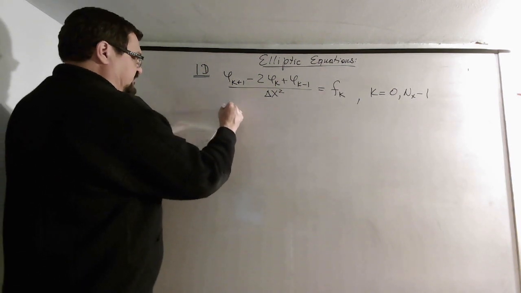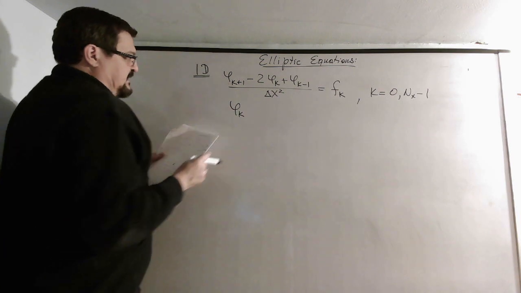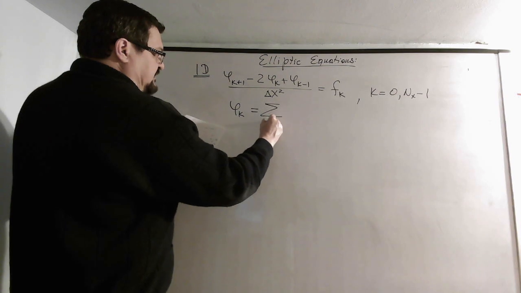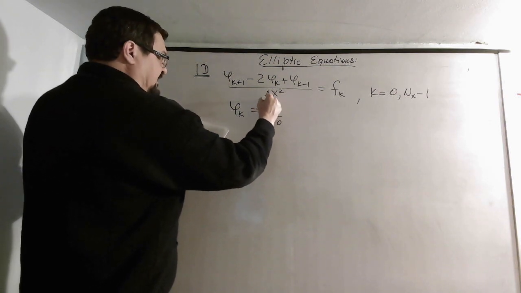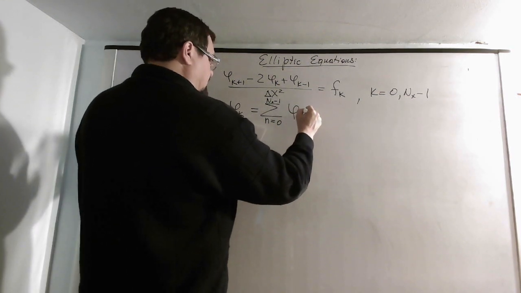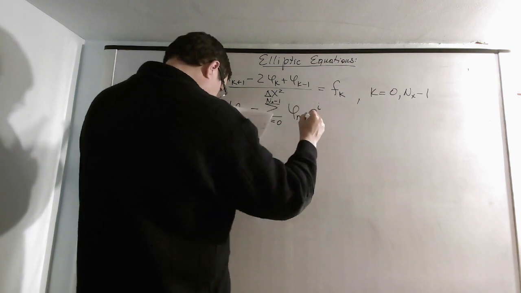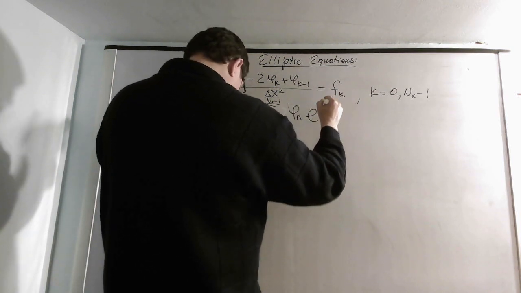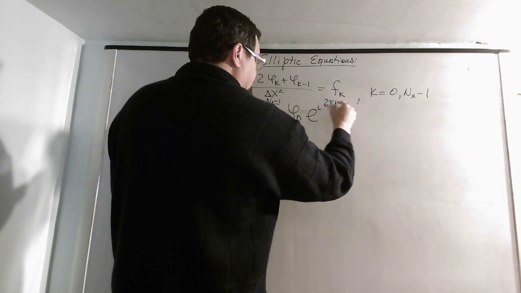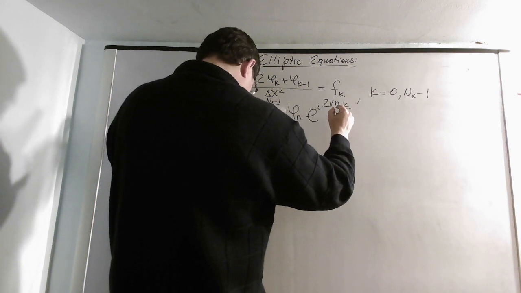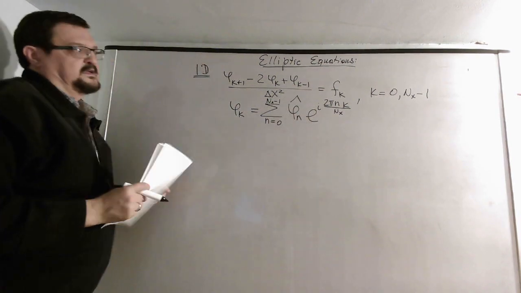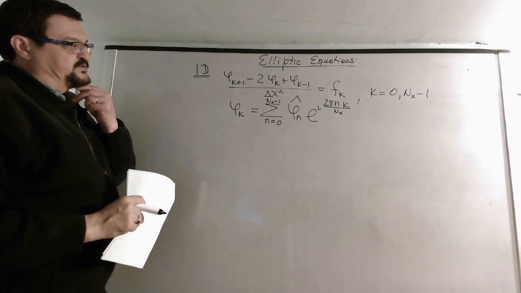Our Fourier decomposition looks like the following: phi_k equals the sum from n equals 0 to nx minus 1 of phi_n e^{i 2 pi n k / nx}, where phi_n is the Fourier harmonic amplitude.